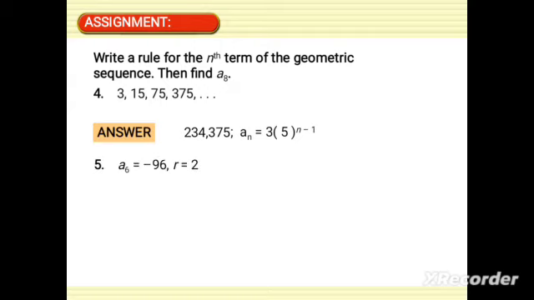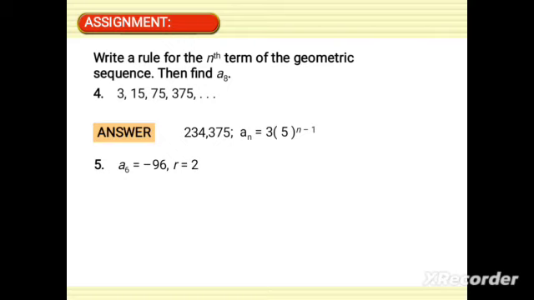You can also try this one. We are told about the sixth term, the eighth term. Okay, this one is on a different part. So we have the ratio to be 2 and the sixth term to be negative 96.